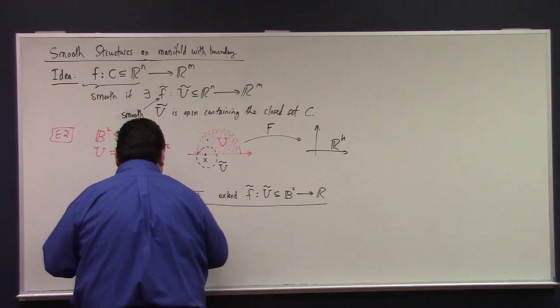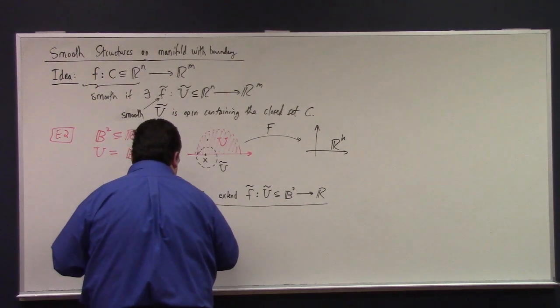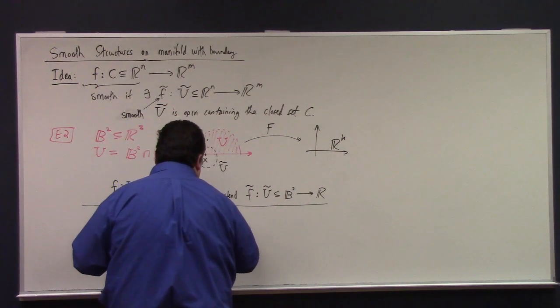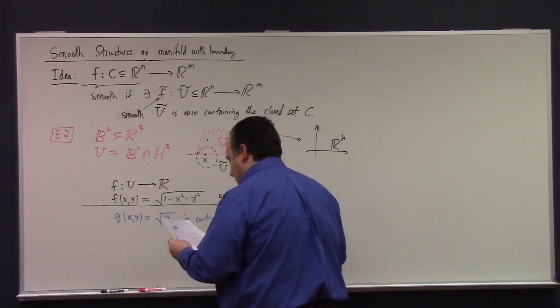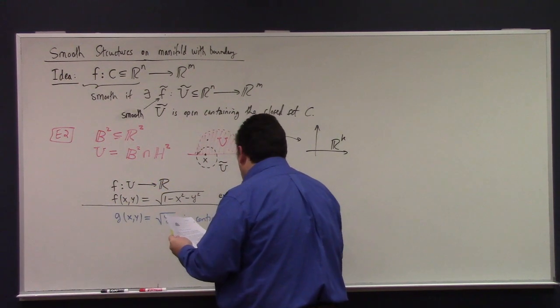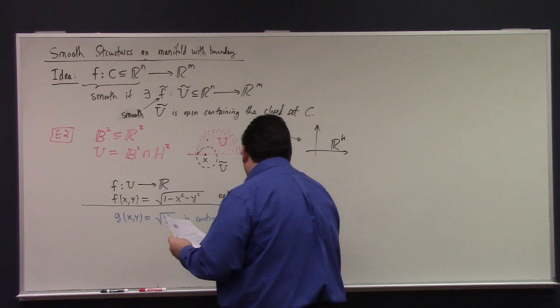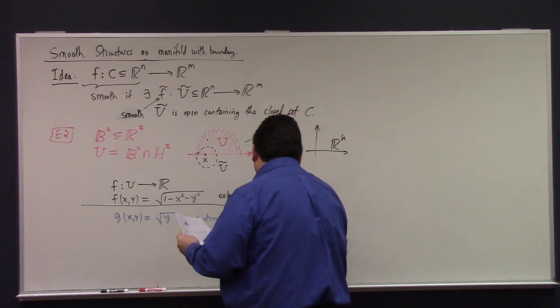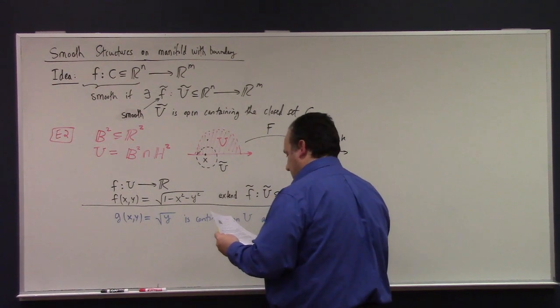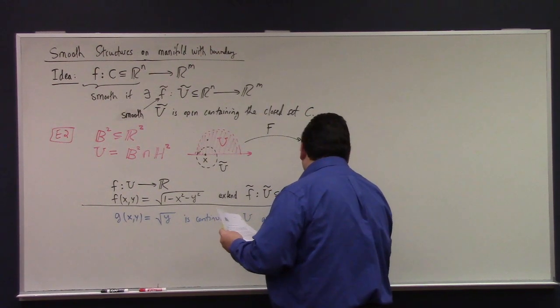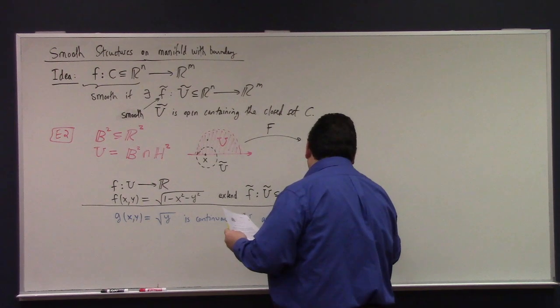He says this is continuous on U, but not smooth. He says it's even smooth on what? On U intersect the interior of H2, right?